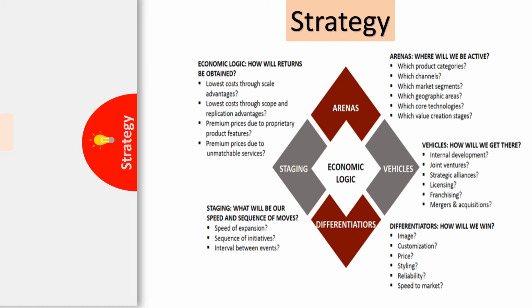And if we take the economic logic, how will returns be obtained? Okay, is it through the lowest cost through scale advantages? Lowest cost through scope, replication advantages. Premium prices due to proprietary product features. Premium prices due to matchable services. So what's the economic logic behind it?